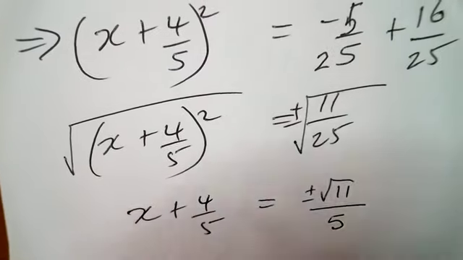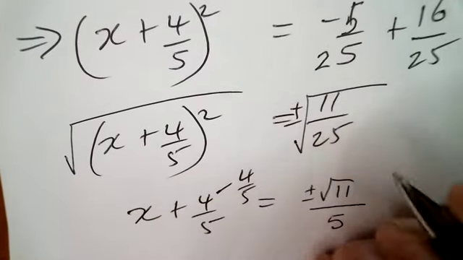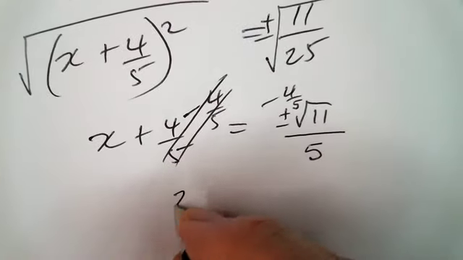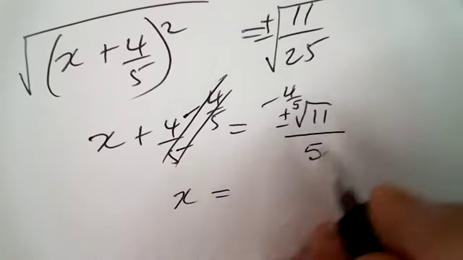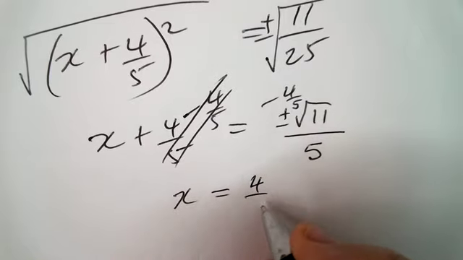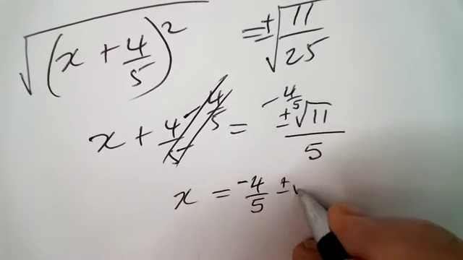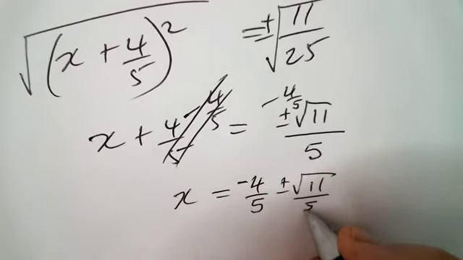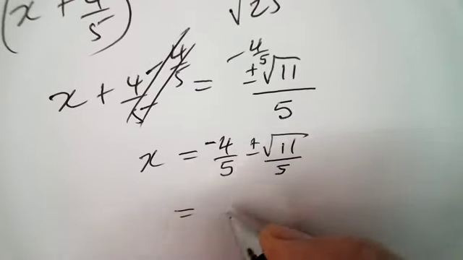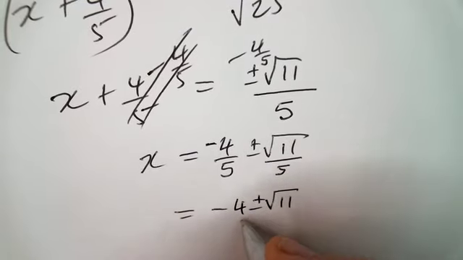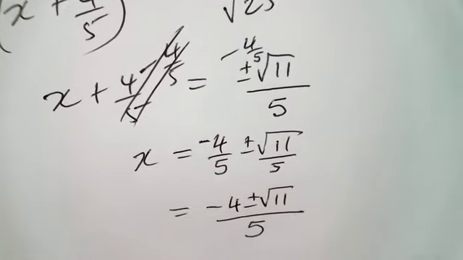Now I'm going to subtract my 4/5 from both sides. Subtract my 4/5, there it is, leaving me with an x, and suddenly I've got 4/5. It's a negative. I've got a plus or minus. I've got a root 11 over 5. And now I can simplify by just saying equals negative 4 plus or minus root 11 all over 5, just as we had before.